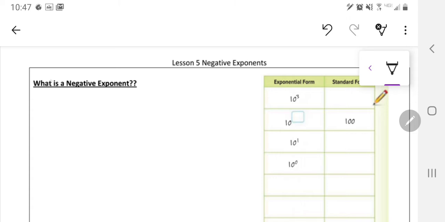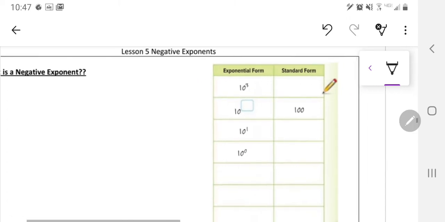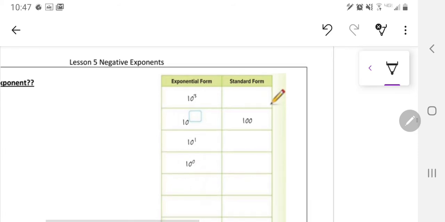All right, so what is a negative exponent? We're going to look over here in this little table, and we're going to try to see a pattern. All right, so we have exponential form, we have standard form. We also are going to have expanded form over here.